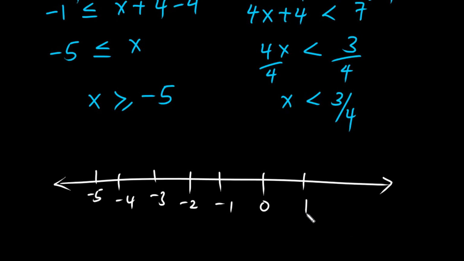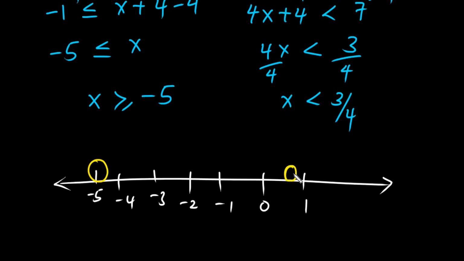Remember, this is just a sketch, it's not drawn to scale. Then, as we said during that video, we are going to circle the two points of our inequalities, that is -5 and 3/4. So 3/4 is somewhere here.